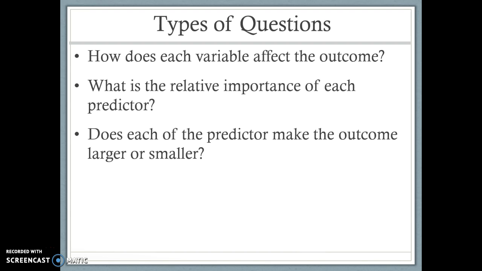How does each predictor influence the magnitude, the value of the outcome? Is it a big increase? That's when we looked at those unstandardized beta coefficients. That's the increase in y in terms of the increase in x.